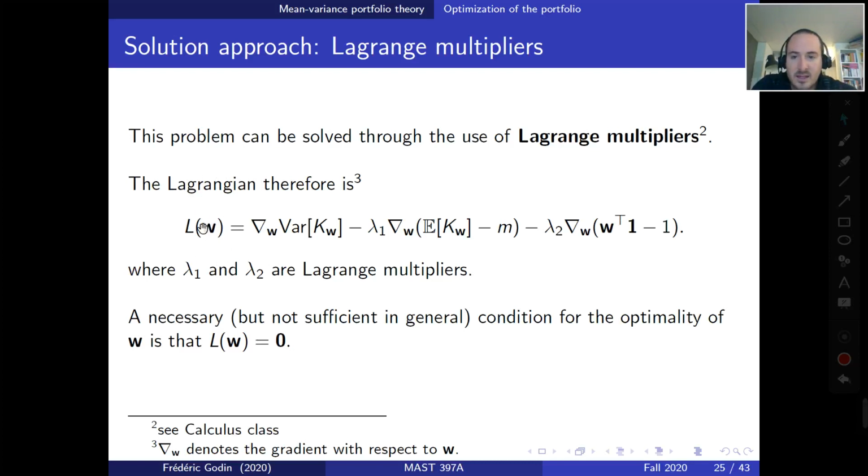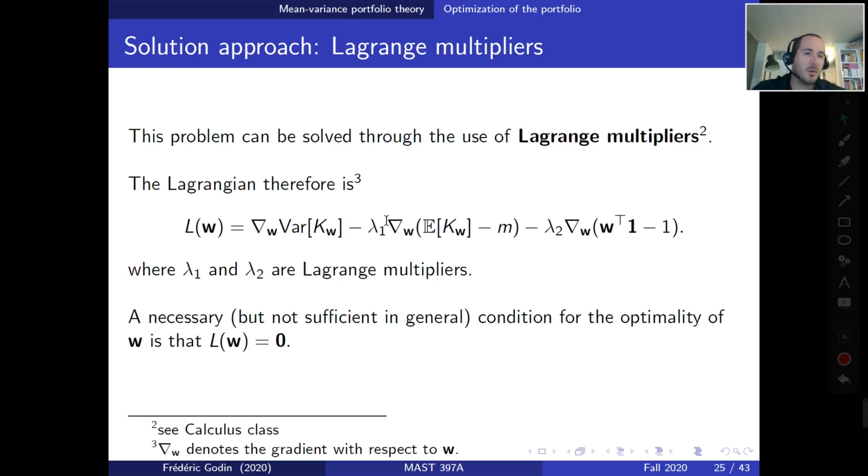L stands for Lagrangian, W is the variable that we are trying to optimize. This is the gradient of the objective function with respect to the parameters we're trying to optimize. The gradient is the vector of all partial derivatives with respect to each parameter, minus lambda 1.